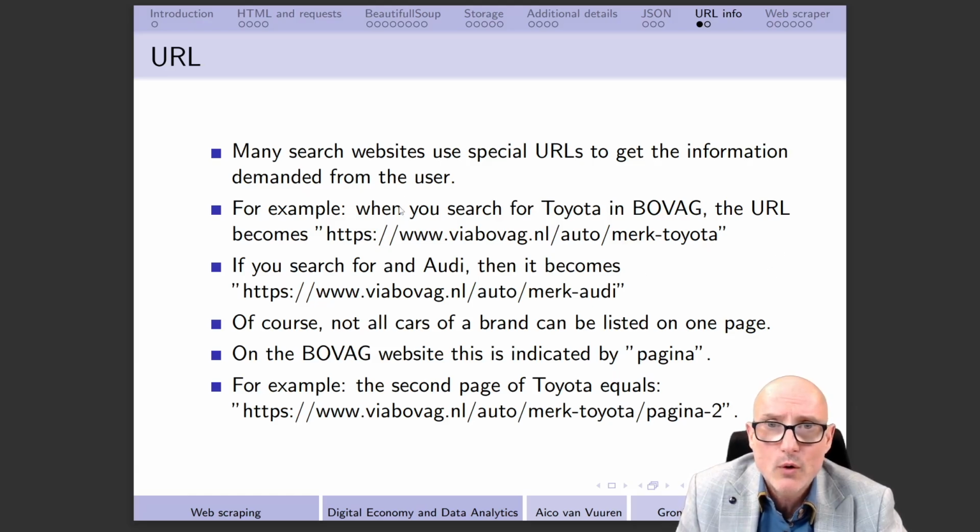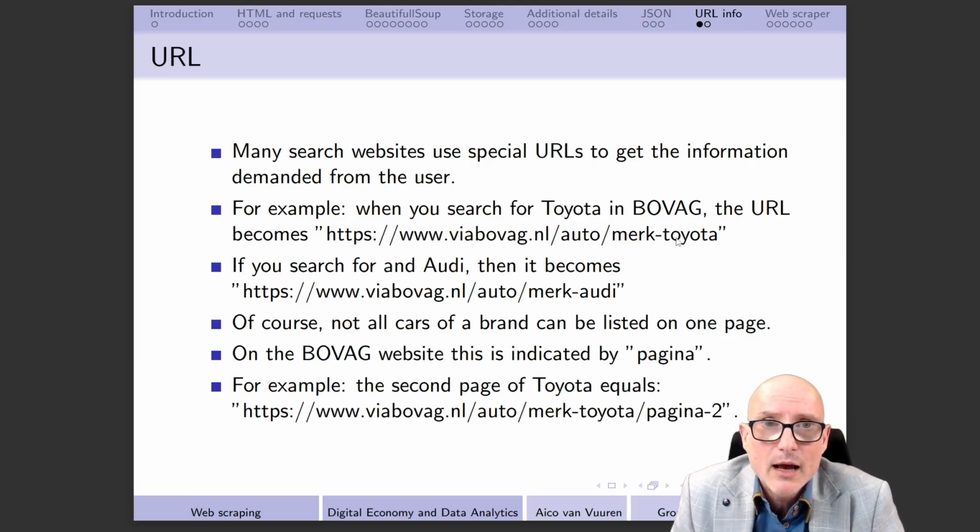It is of course the website of BOVAG itself, but then in addition we get auto, which is Dutch for car, then this slash, then merk, which is Dutch for brand, then this minus sign, and finally Toyota.